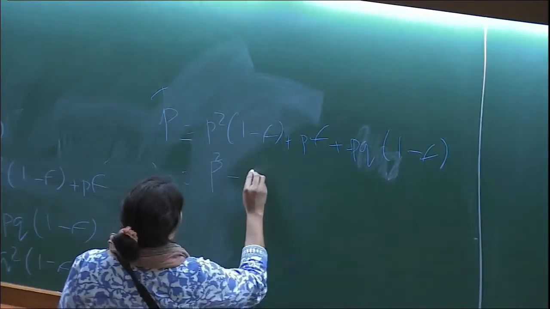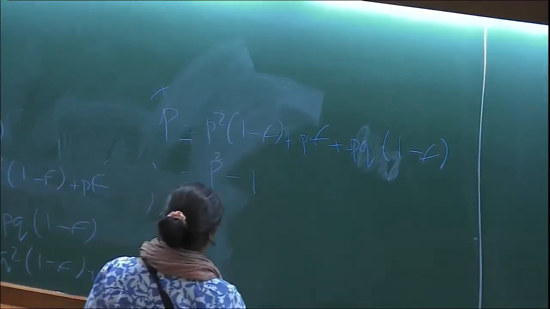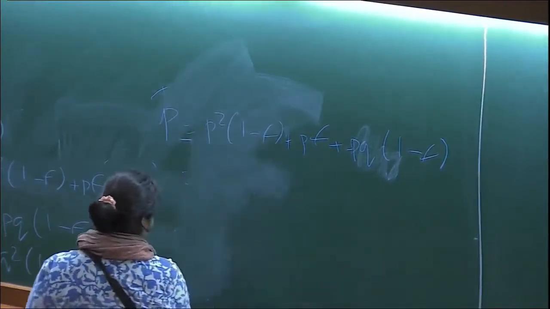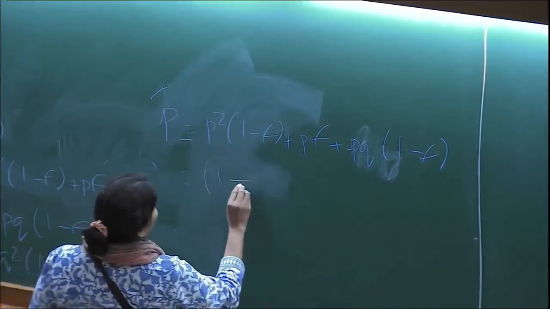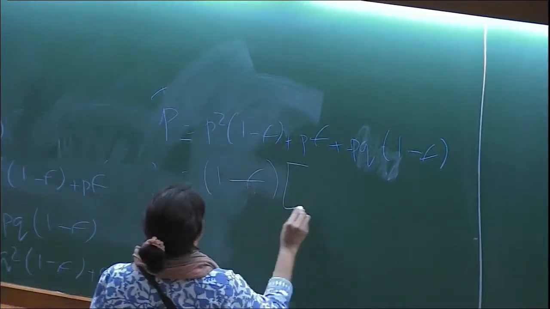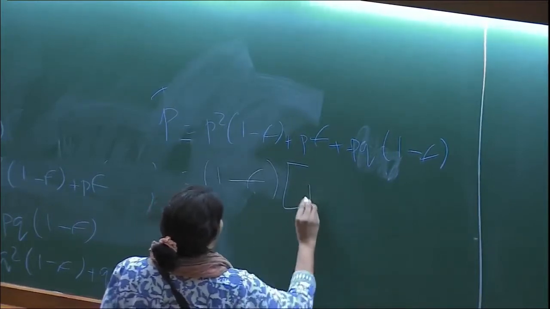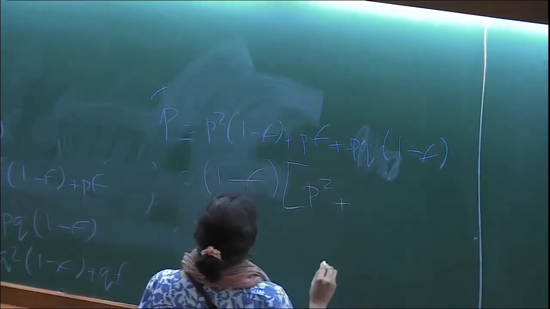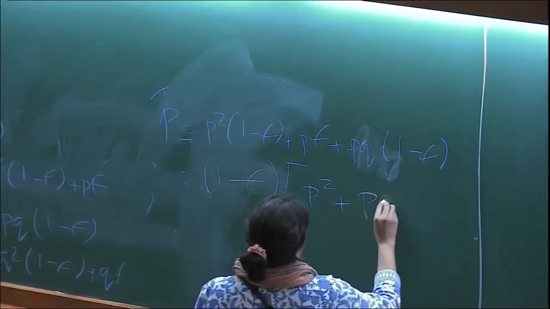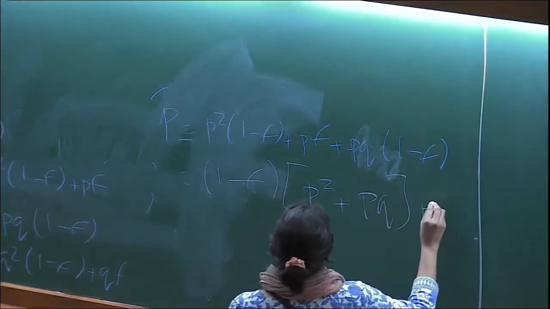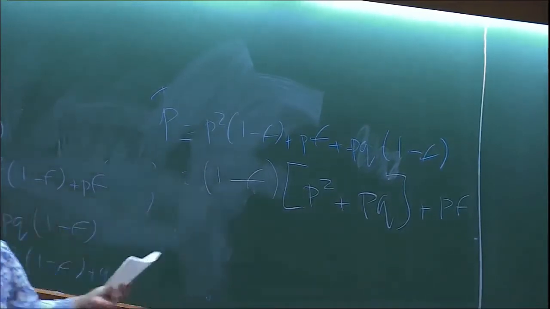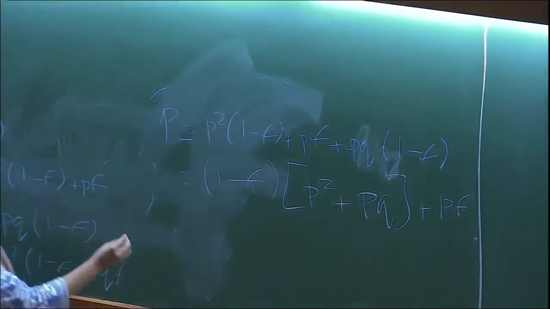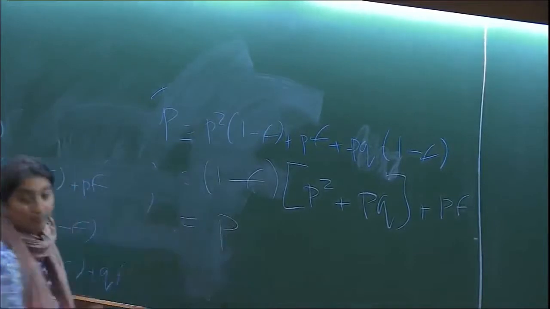If you take 1 minus f common, p square plus pq, I think you can do this on your own time, but when you simplify this, it's basically equal to p.